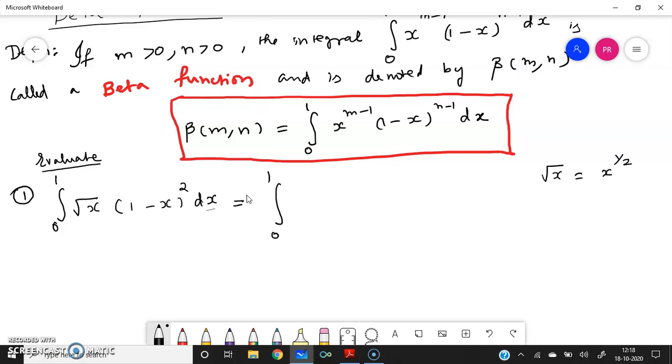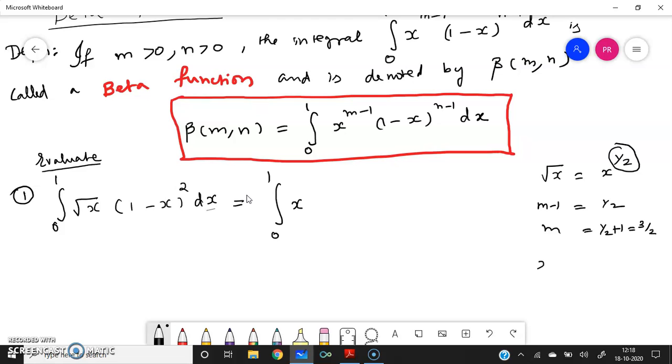We want the power m minus 1 to be half, so m is half plus 1, that is 3 by 2.